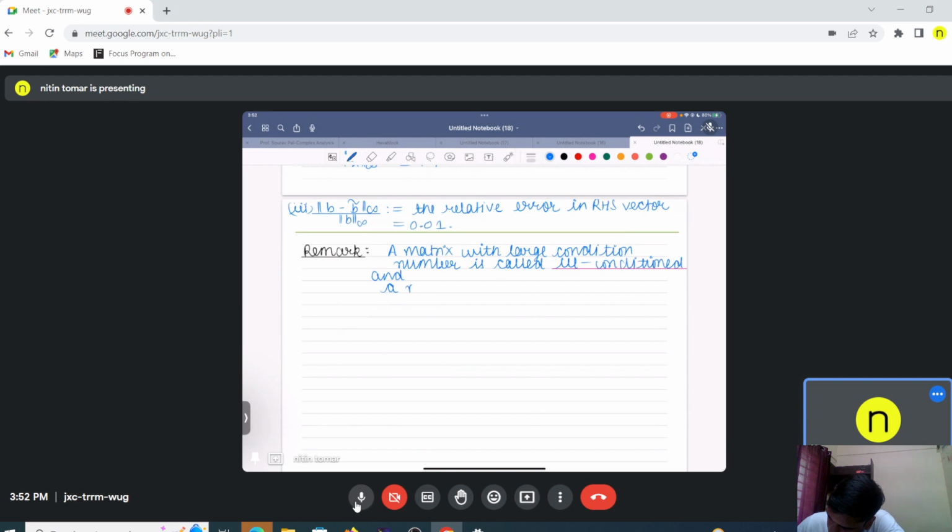And a matrix with a small condition number is said to be well conditioned.